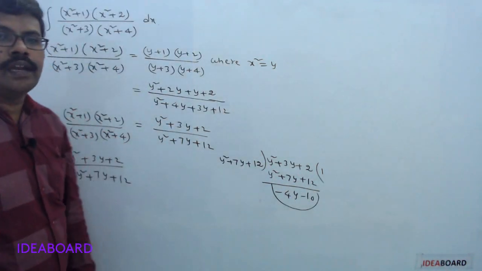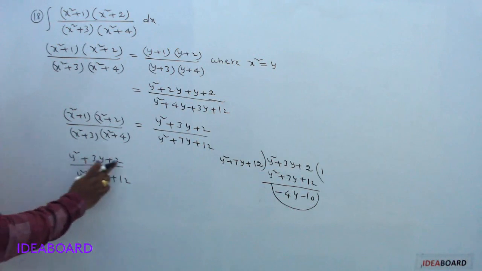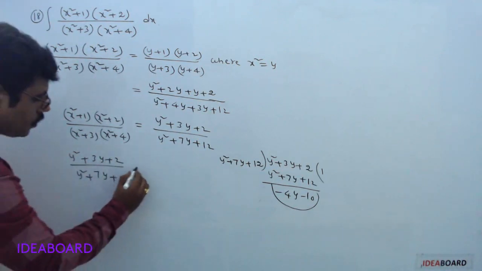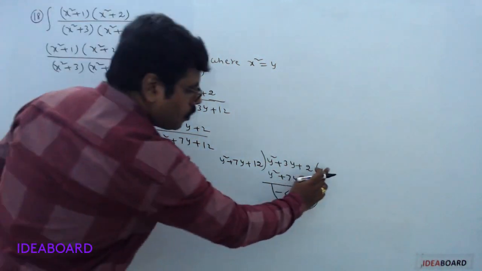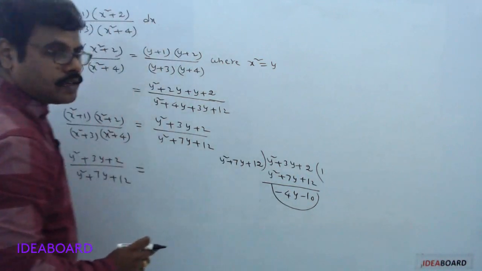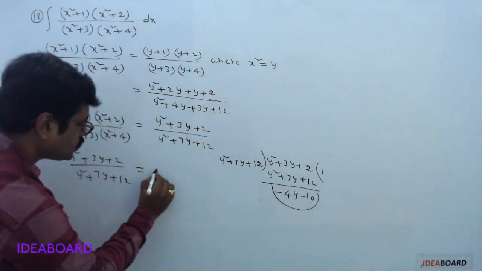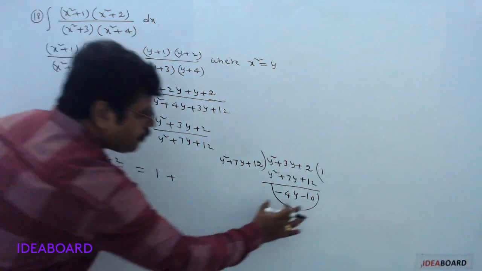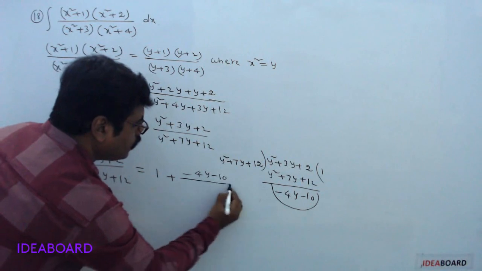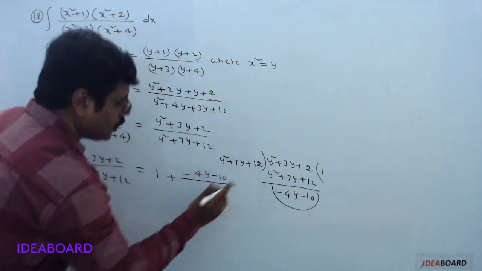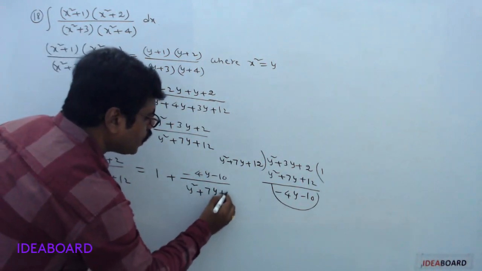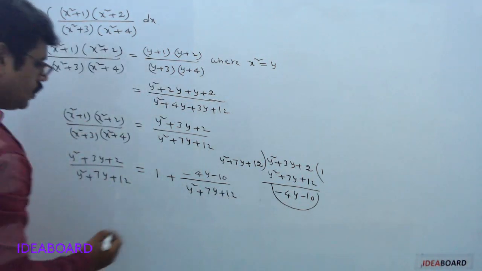After completion of the division, this y square plus 3y plus 2 divided by y square plus 7y plus 12 can be expressed as quotient plus remainder divided by divisor. So quotient is nothing but 1, plus remainder, this is minus 4y minus 10, divided by divisor. Divisor is y square plus 7y plus 12.